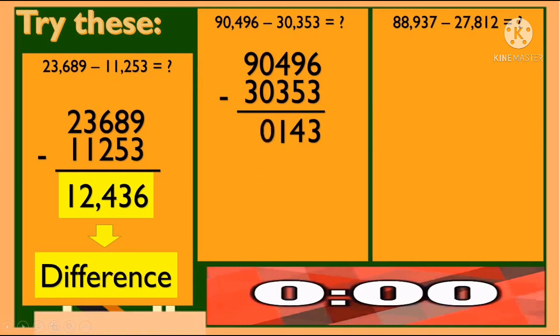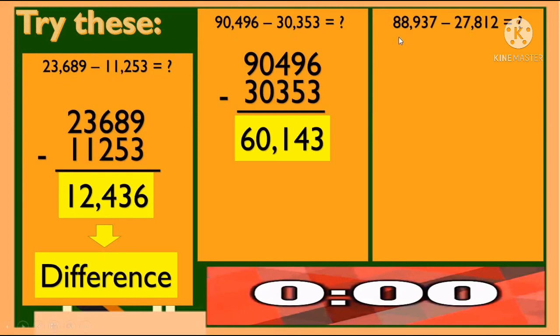Of course, it's 0. 9 minus 3. 6. Good job. So what will be our difference? Our difference now, or the final answer, is 60,143. Good job.